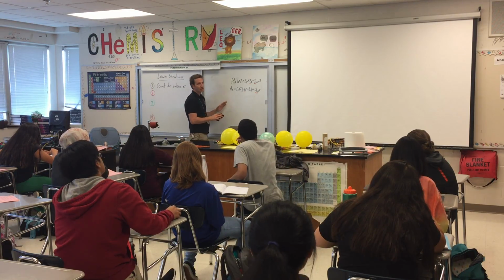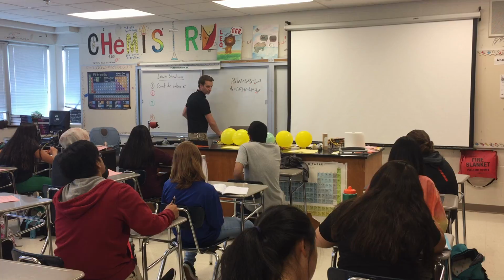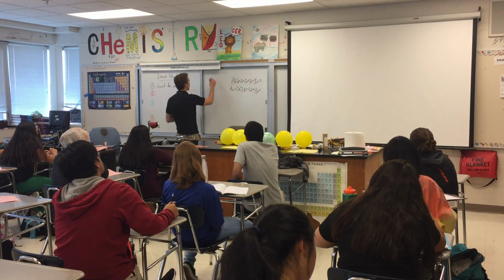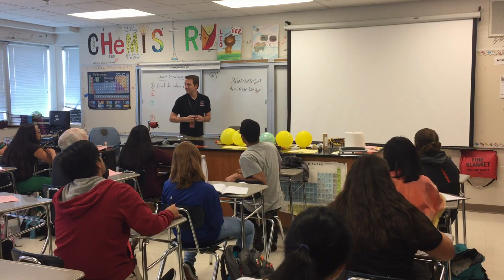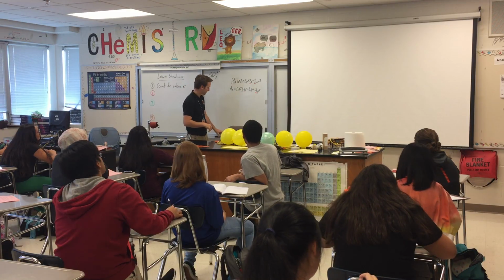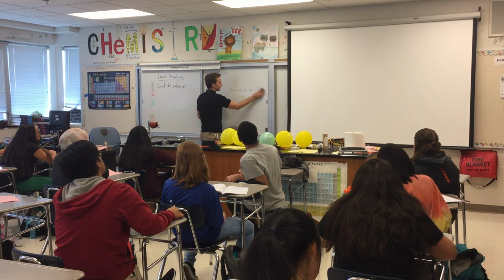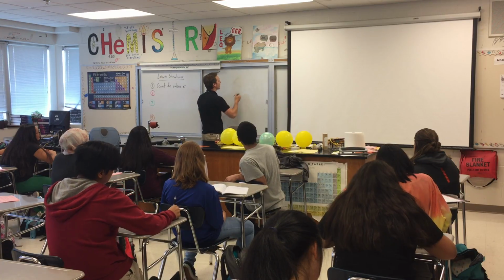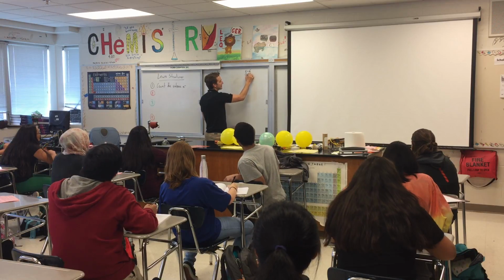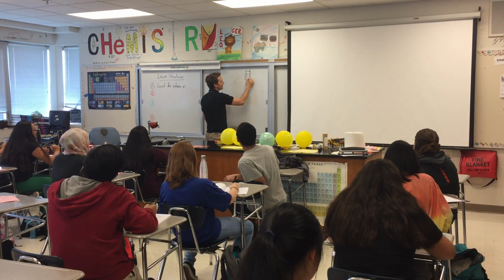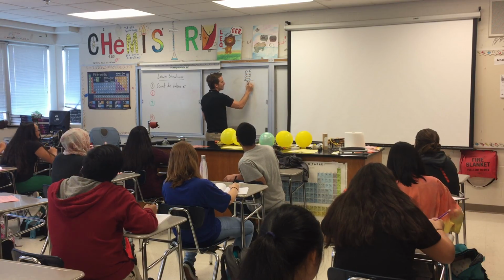So, an example. I want to do the sulfite ion, SO3 2-. So we're going to count them. Sulfur has 6. Oxygen 6, and there's 3 of those. So that gives me 24.